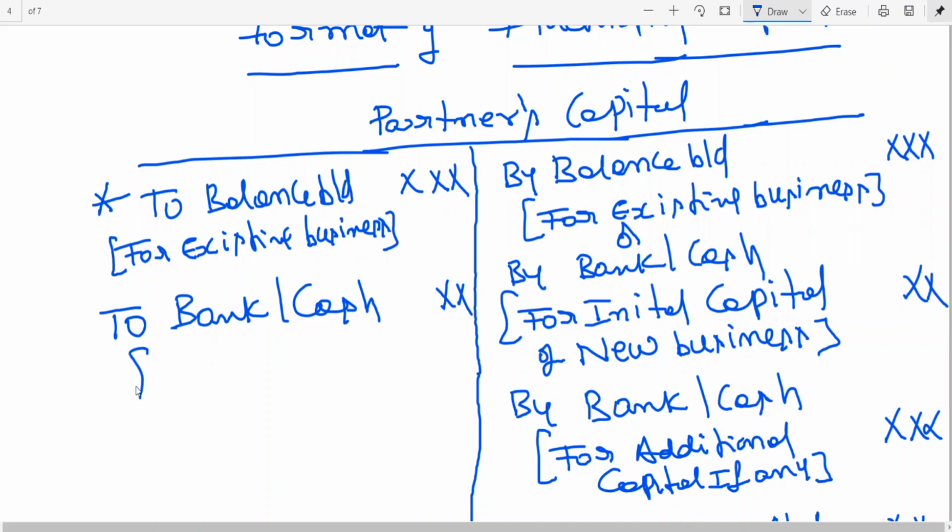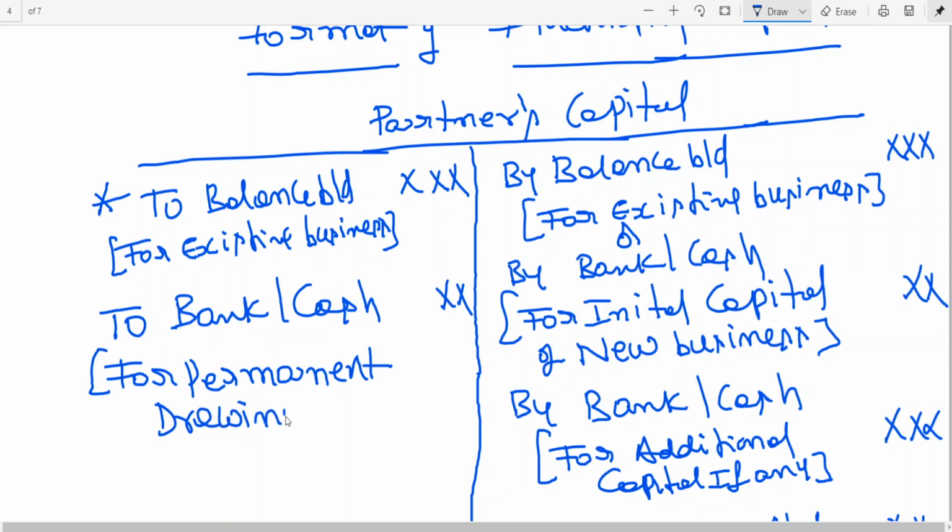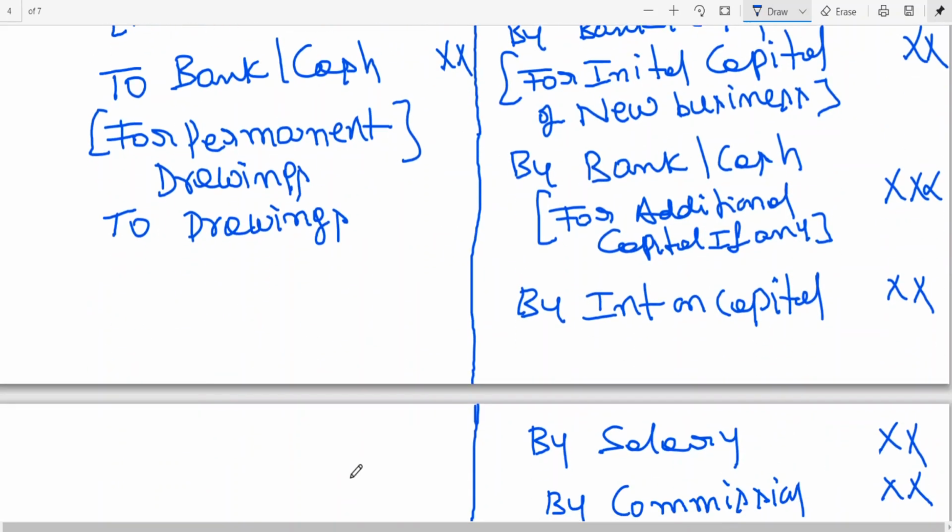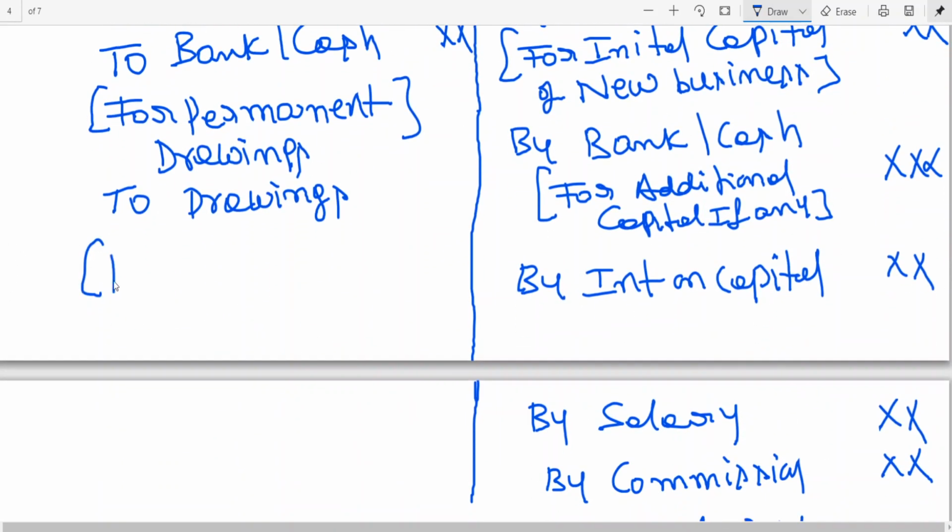This is what? For permanent drawings, because permanent drawings are also taken to where? Partner's capital account. Next, to drawings, normal drawings.